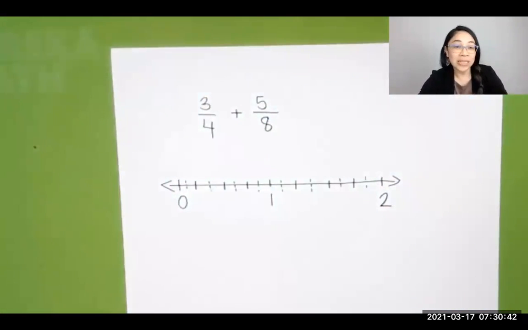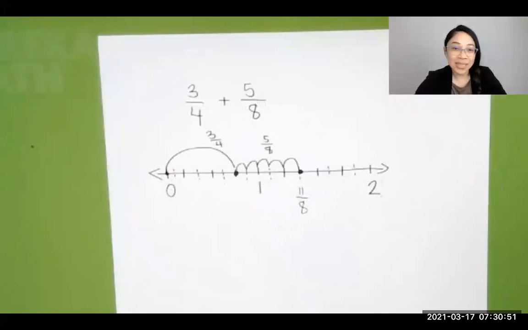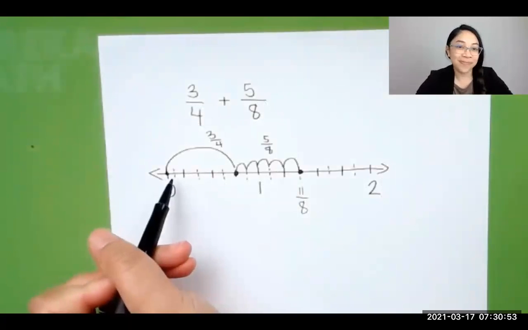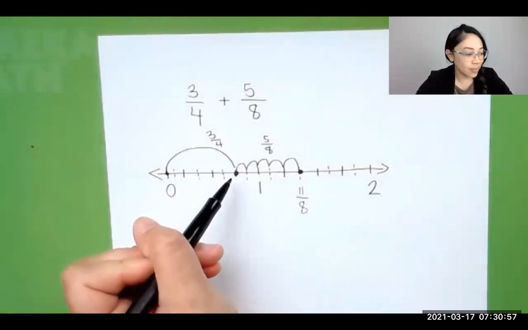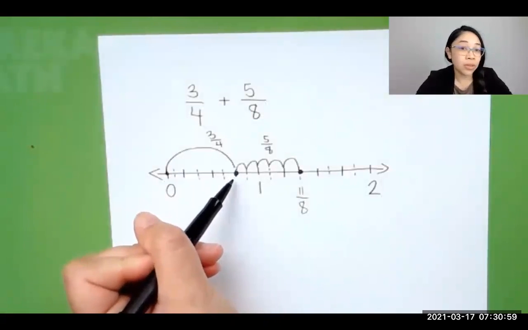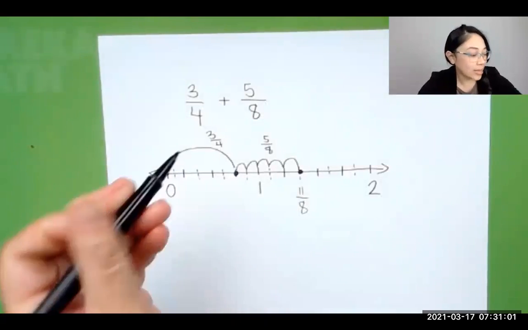Go ahead and pause the video here to draw arrows to show the addition. I'll be here when you get back. Here you can see I started at 0, and then I moved to 3/4. We can see that 3/4 is equal to 6/8.